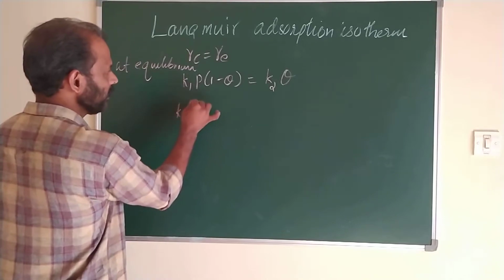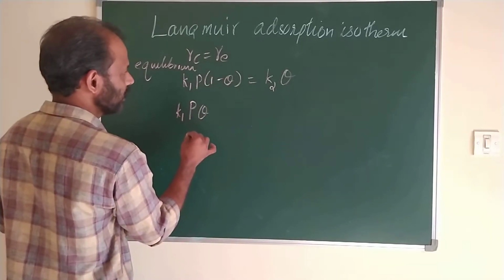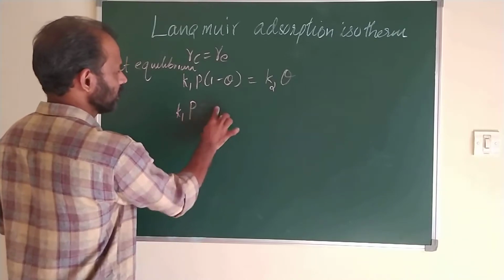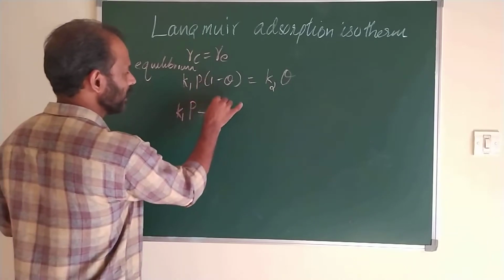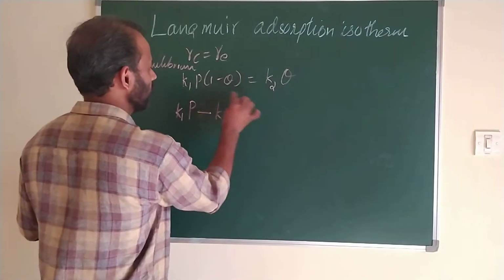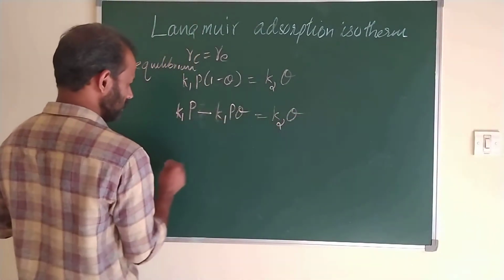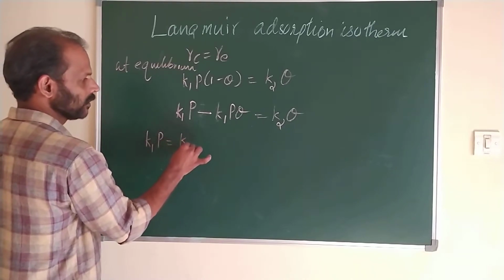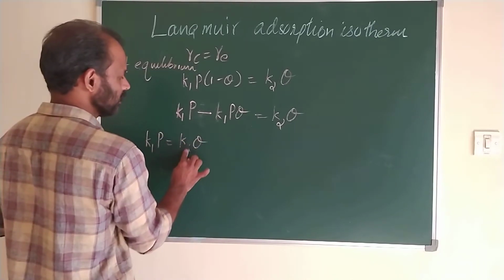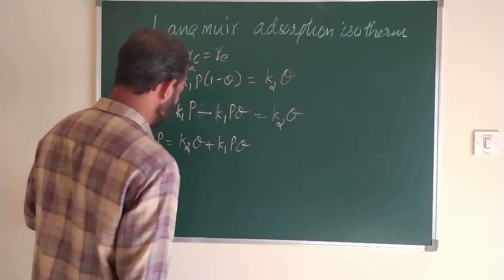Then K1P minus K1P theta is equal to K2 theta. Taking this to the right side, K1P is equal to K2 theta plus K1P theta.